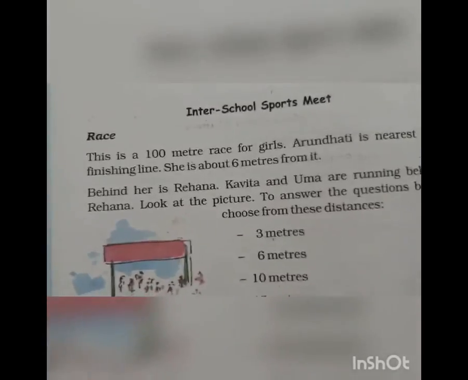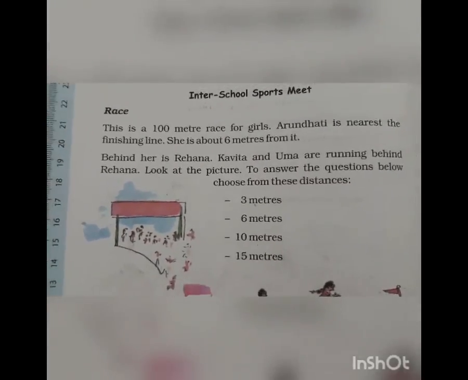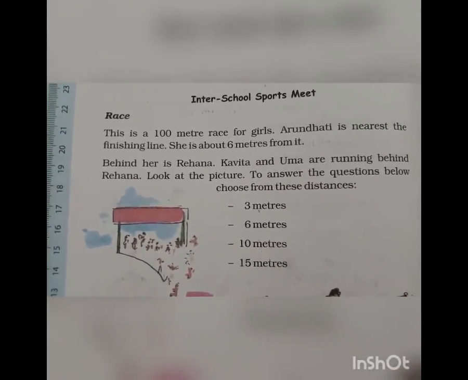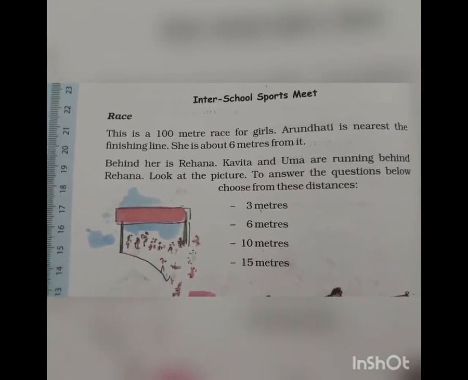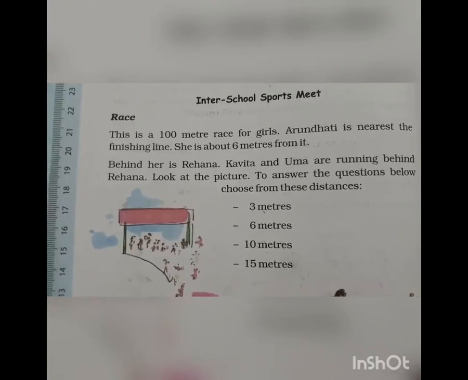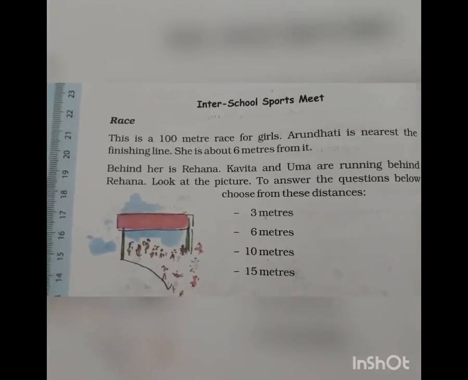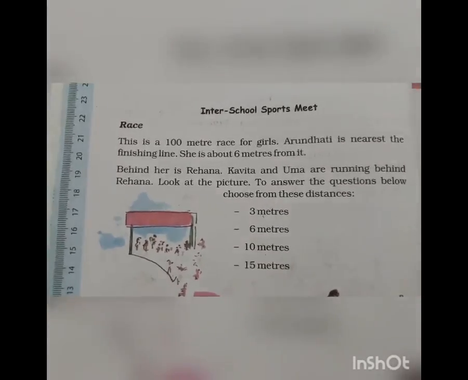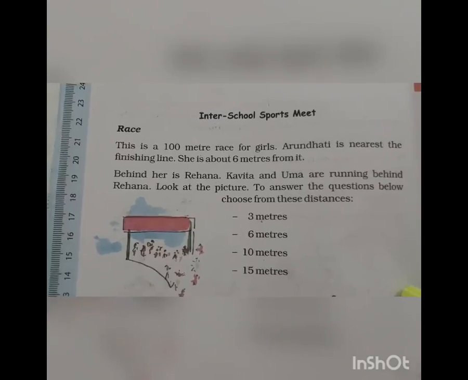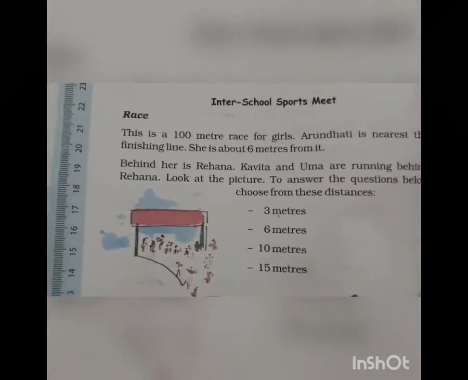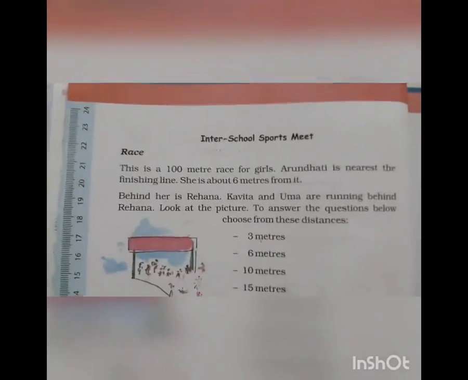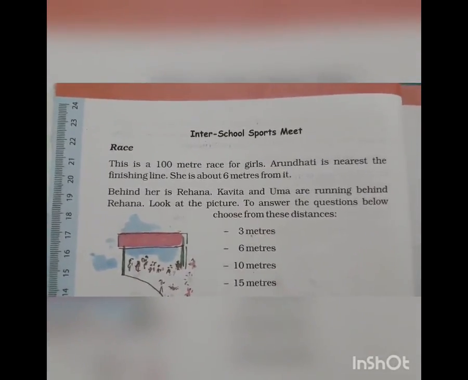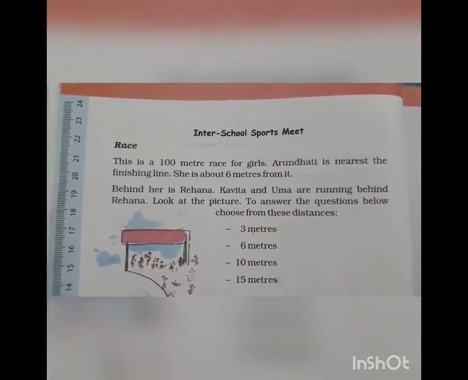Now we are going to the race ground. Savita ma'am took you to the playground of the school. Are you ready with her? Okay. Savita ma'am, I am coming, students are saying that. Okay, so we are going to the race ground.